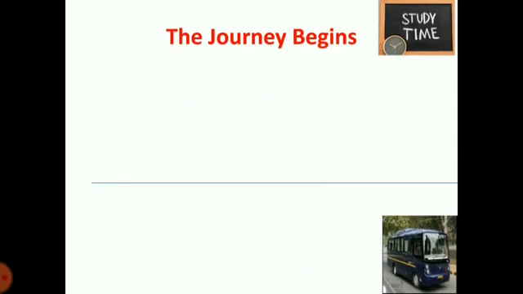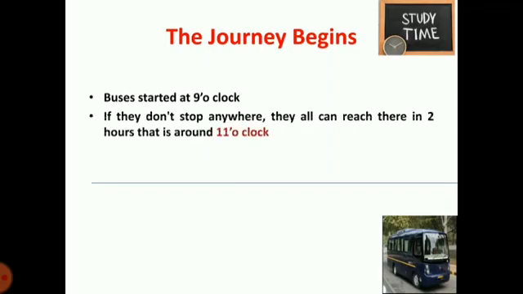Next, the journey begins. Buses started at 9 o'clock. If they don't stop anywhere, they all can reach in 2 hours, that is around 11 o'clock. Travel distance is 70 km.